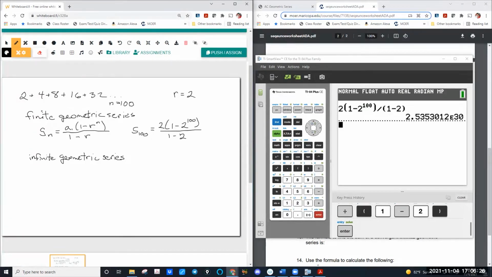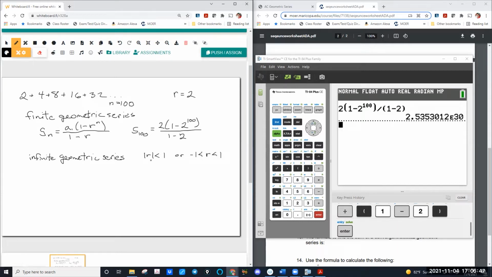So we need a geometric series whose terms get smaller and go to 0. So for the infinite geometric series, the sum only exists if the absolute value of r is less than 1. Or we could write it as r has to be in between -1 and 1.